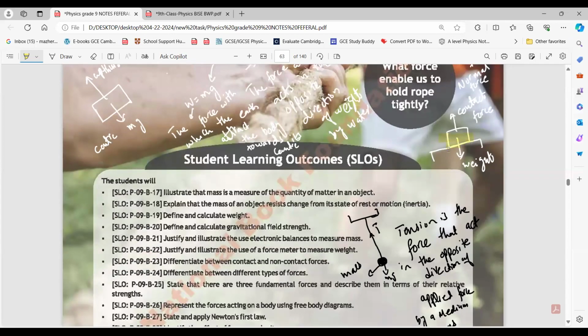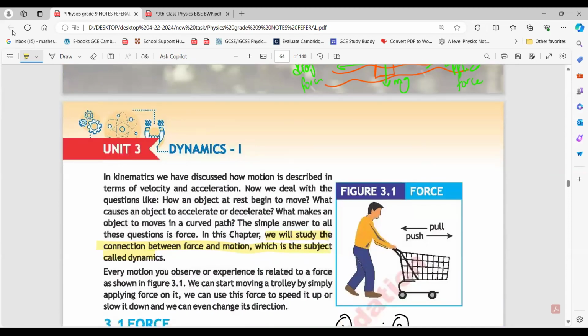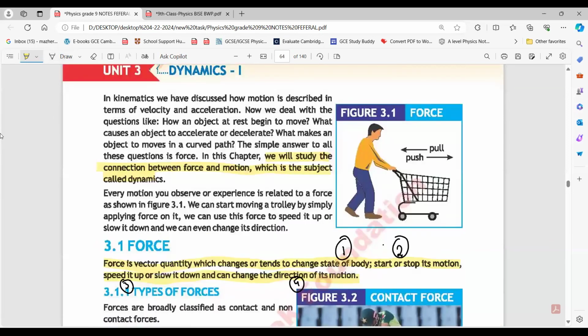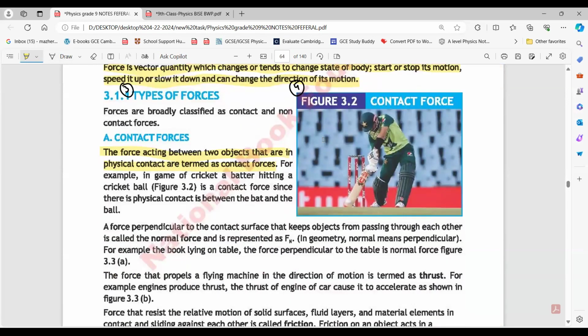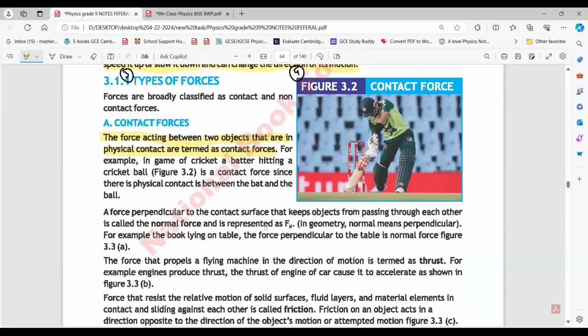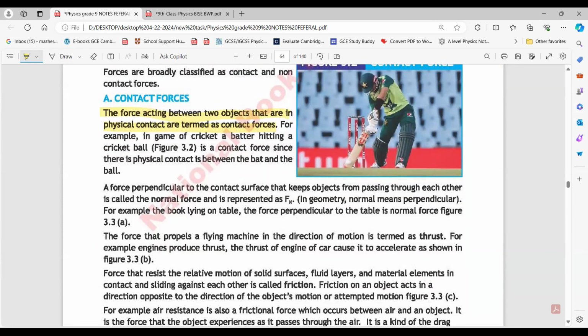Whenever two objects are in contact with each other, for example, when a ball touches the bat, there would be a contact force. A force perpendicular to the contact surface that keeps objects from passing through each other is called a normal force.